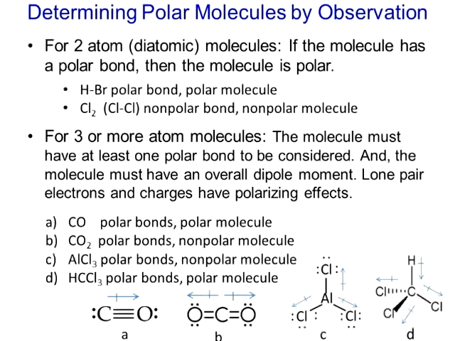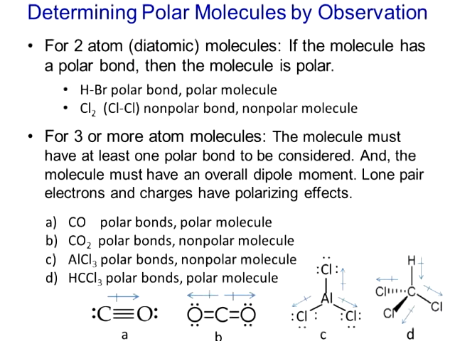For example, just because it has a polar bond does not mean it's a polar molecule, because there will be opportunities for that polarity to cancel itself out or cancel each other out. Lone pair electrons and charges have polarizing effects. So you tend to look for those species in compounds and atoms to help you make a decision. And we'll tell you some trends as we talk about these.